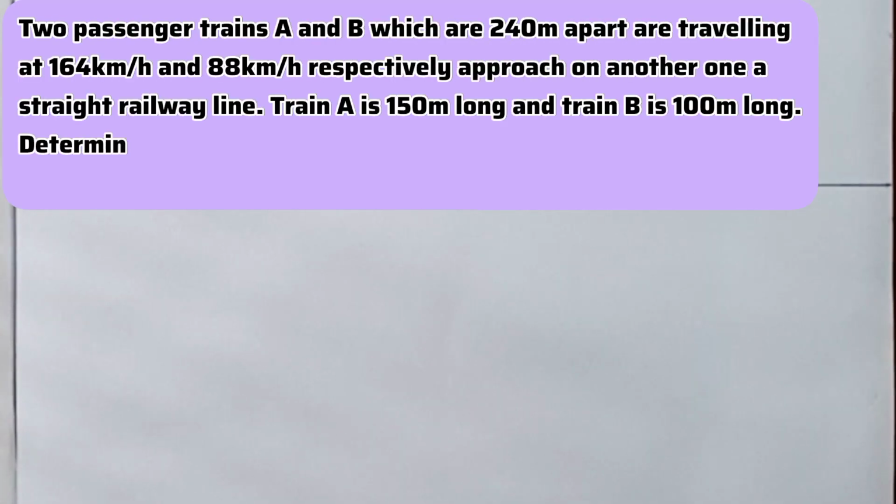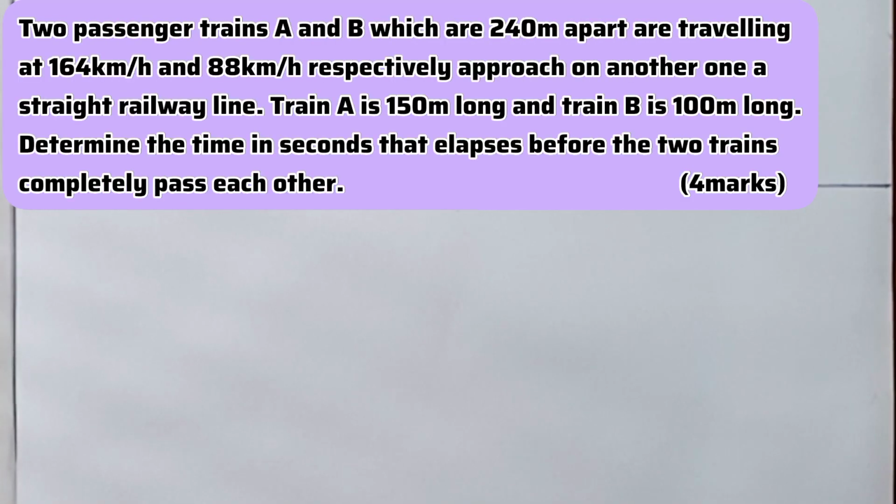So today's question is asking: two passenger trains, A and B, which are 240 meters apart, are traveling at 164 kilometers per hour and 88 kilometers per hour respectively, and approach each other on a straight railway line.